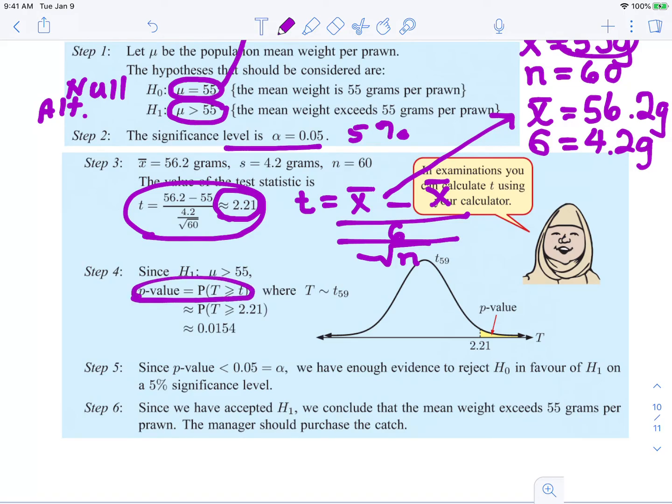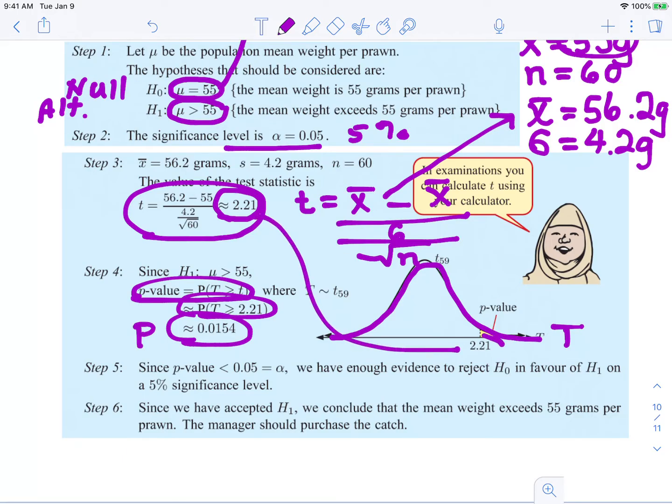So we're going to have to use our formula, and there is our p-value. So this is our graph of our normal distribution. Those are our t-values. We found that t to be 2.21, and we want that area under the curve representing your p-value.